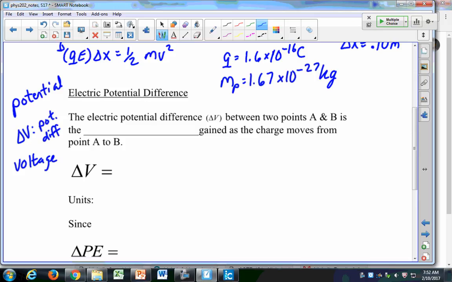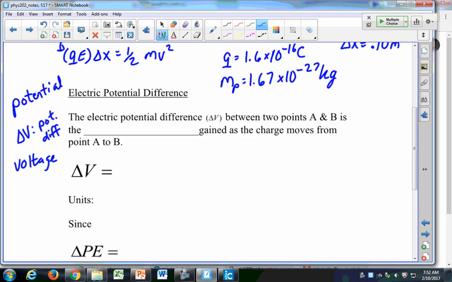The potential is the energy per charge at a particular point in space. The potential difference is the energy per charge between 2 points in space. What's the difference in energy between these 2 points? We've sort of seen that already, like with gravitational potential energy. What's the difference in the gravitational potential energy between these 2 points?